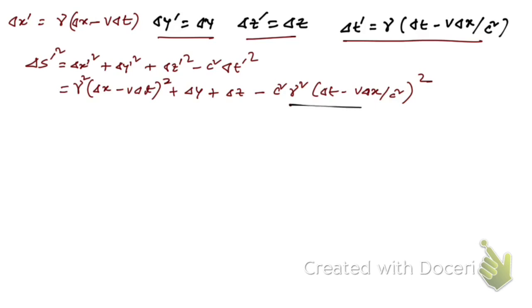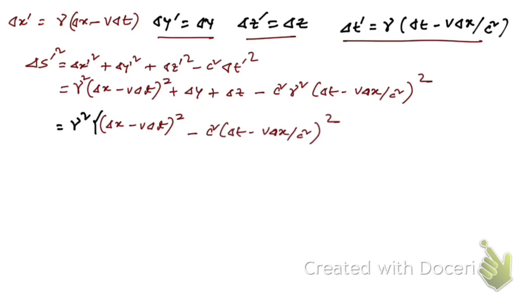Now from these two we're going to take gamma square common. On taking gamma square common, within the bracket we're going to get this, just let me write here. Then we're going to get c square minus c square into this term. Here we're left with this, and the remaining terms are del y square plus del z square.